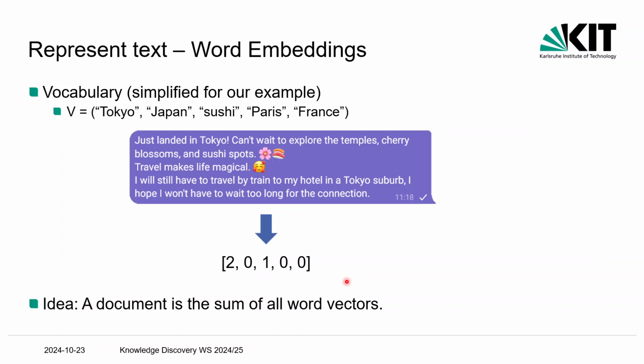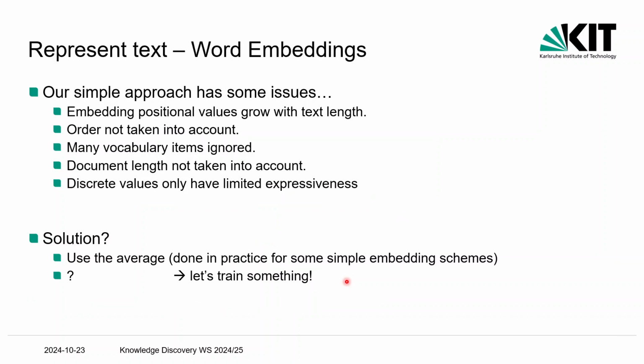Not quite. So we have some issues with our simple approach. Well, the positional values grow with the text length. So the value in the first spot, where we had Tokyo, for instance, just grows more and more the more often it is added.